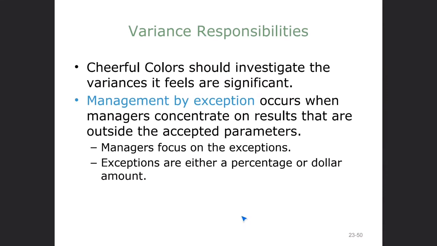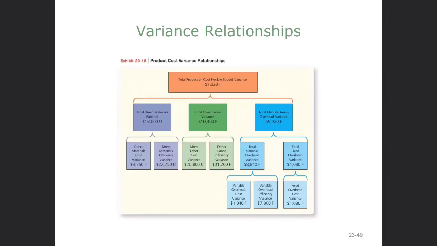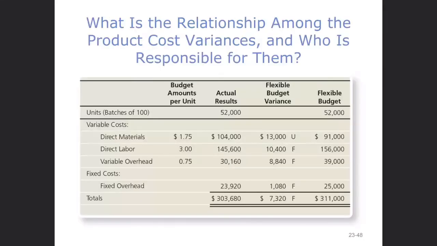So this company should investigate the variances that they think are significant. And hold on, go back one more. What they mean by significant, and every company is different. If you have a really big company, you could have a $50,000 variance, and the company says it's not material, it's not a big deal.